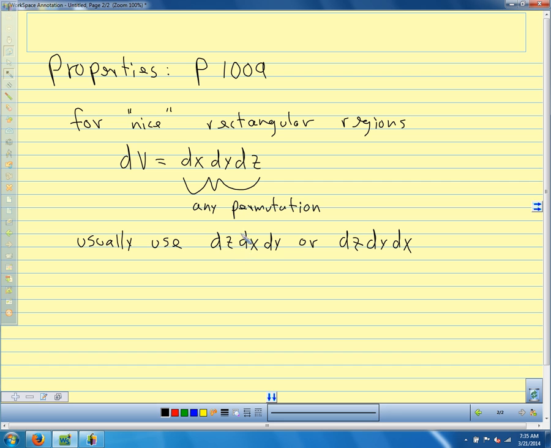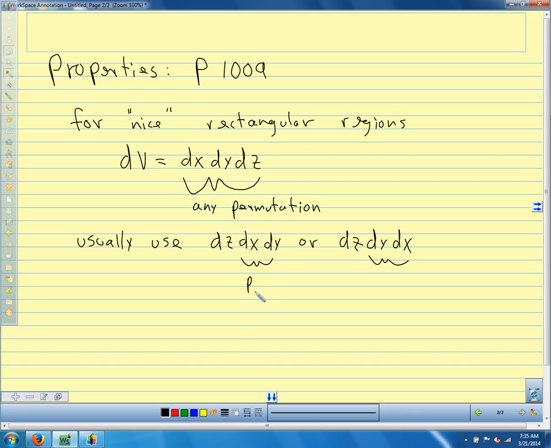The reason we do it this way is that this dx, dy, or this dy, dx, is exactly like our region in the xy plane that we've been dealing with for double integrals.